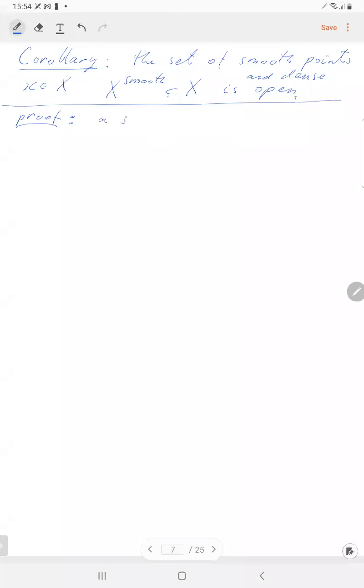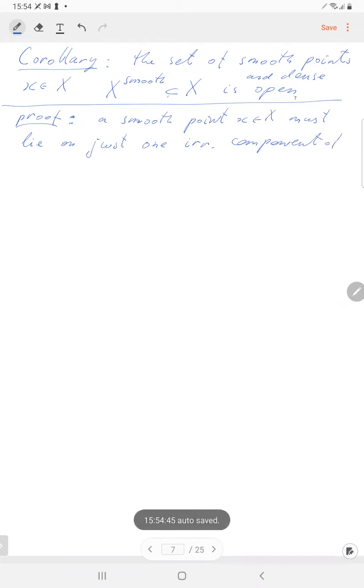So a smooth point must lie on just one irreducible component of X.